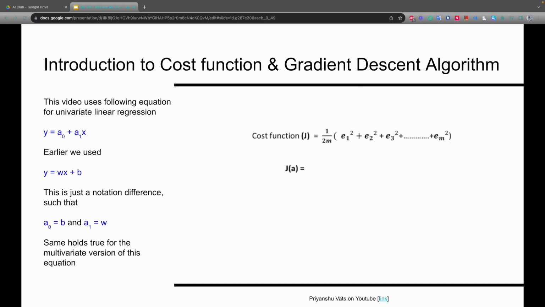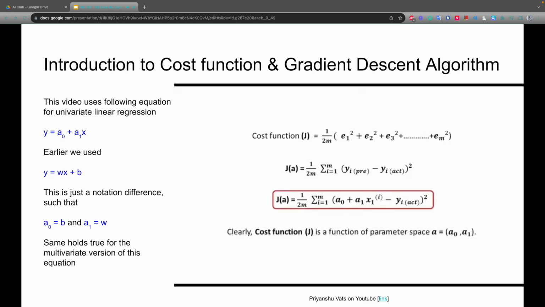We can also write it as 1 by 2m summation of (y predicted minus y actual) squared. We just expanded ei as y predicted minus y actual. We can also write it as 1 by 2m summation of (a0 plus a1 x minus y actual) squared. We just expanded y predicted, which is a0 plus a1 x as per our model.